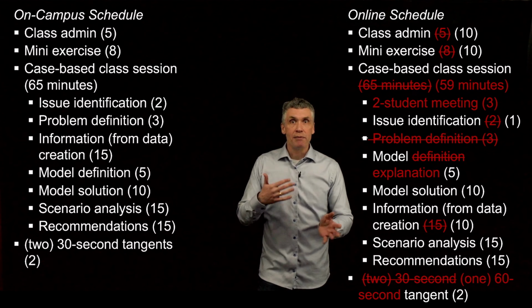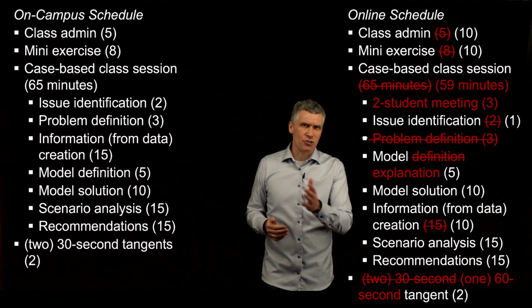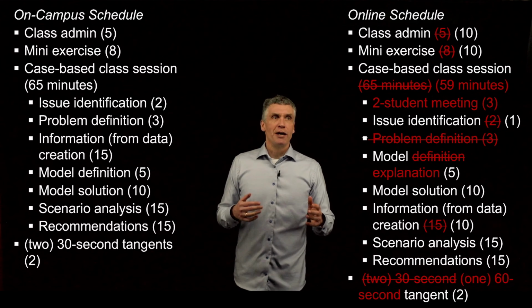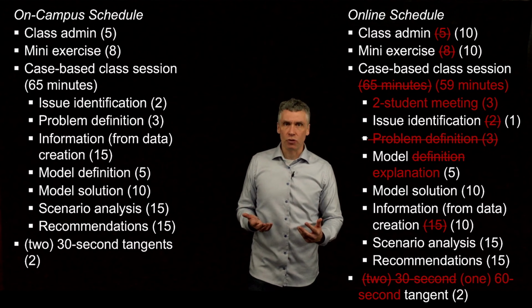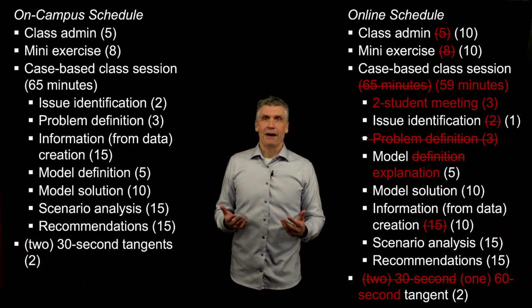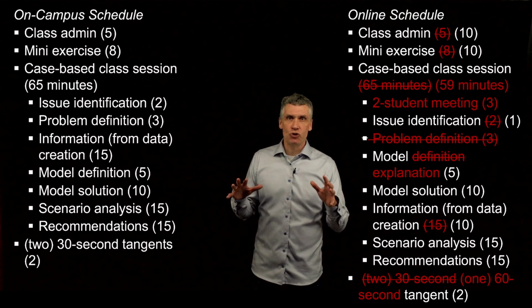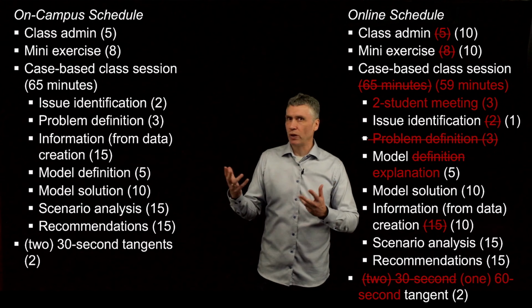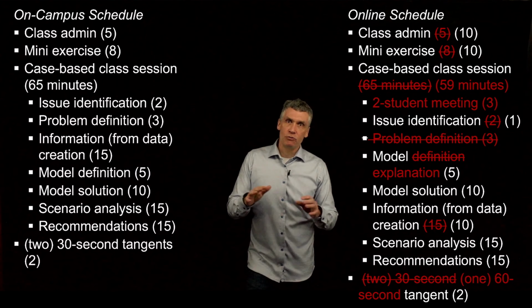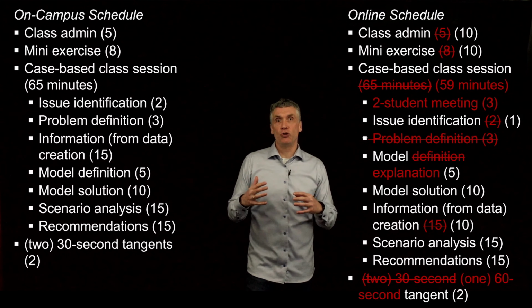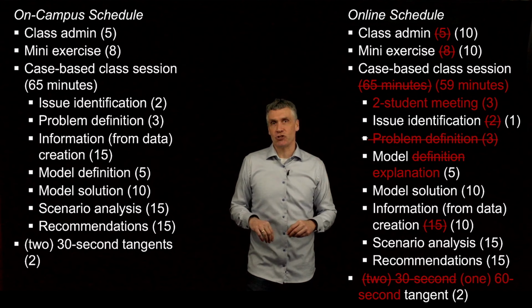Somewhere along the way, because all class sessions have an ebb and a flow, sometimes I get a sense that the energy's a little low, or maybe that there's confusion, but people for some reason don't seem willing to raise it. So I usually at some point in the class have two 30-second what I call tangents.